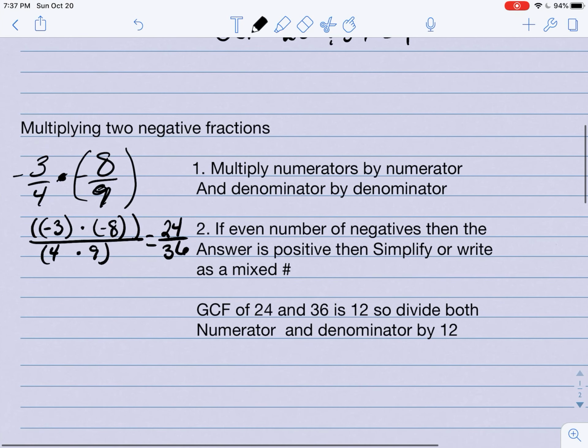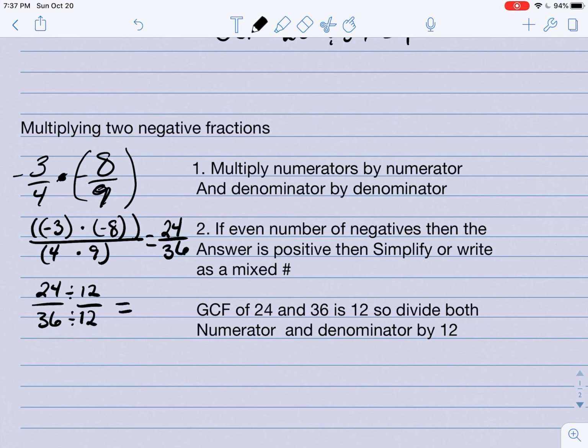Okay, so now we're going to look for the greatest common factor of 24 and 36. And you'll notice that that is 12. 12 times 2 gives us 24, and 12 times 3 gives us 36. So now we take 24, divide by 12, and we take our 36 and divide by 12.